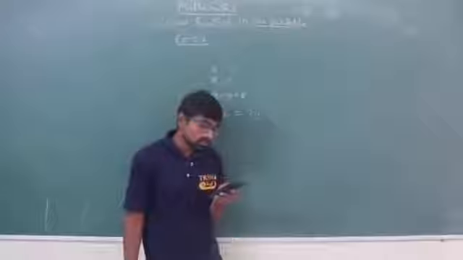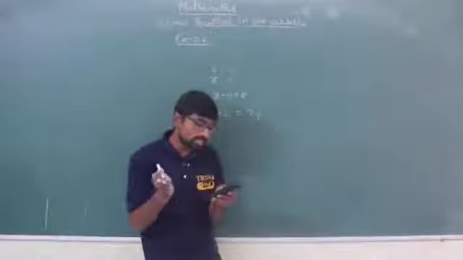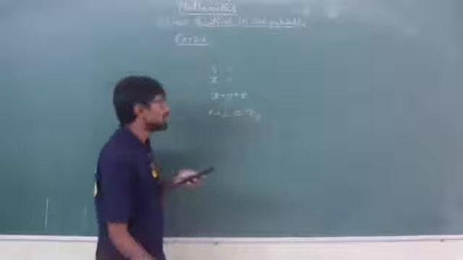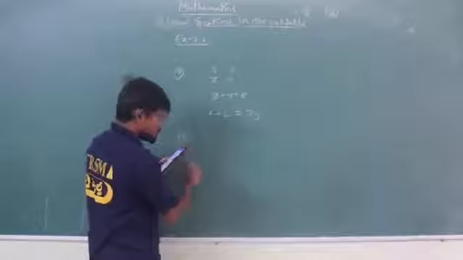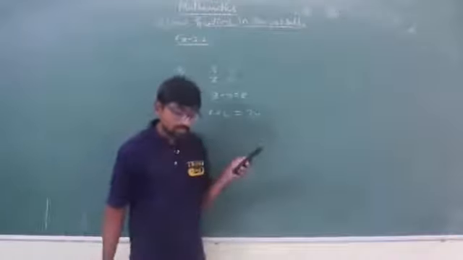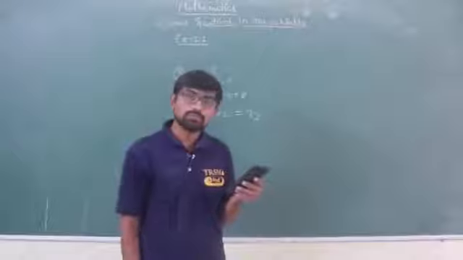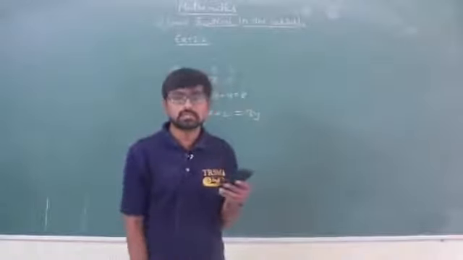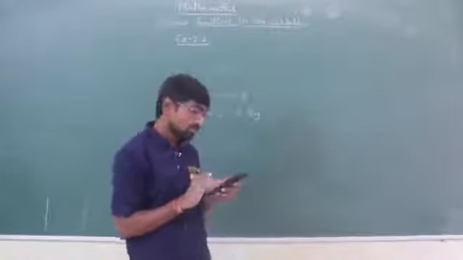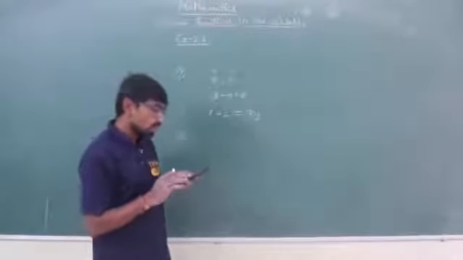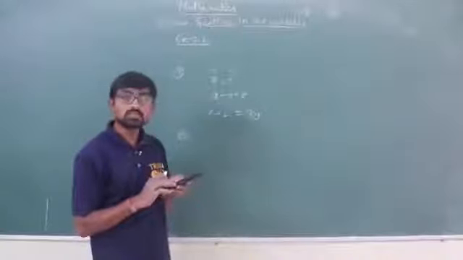Now question number 3: what are the two numbers whose sum is 58 and difference is 28?